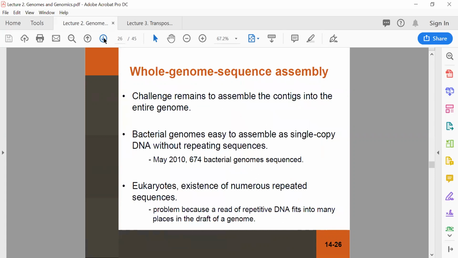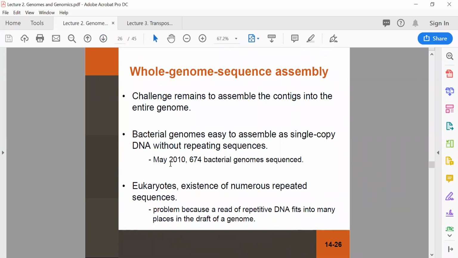All right, so we said that whole genome sequence assemblies are quite difficult, and that is certainly the case. And the difficulty of assembling a genome really depends on the complexity of the genome. So for example, bacterial genomes tend to be really easy to assemble because they're generally single copy DNA and they don't have all those repetitive DNA sequences that you find in, for example, the human genome.